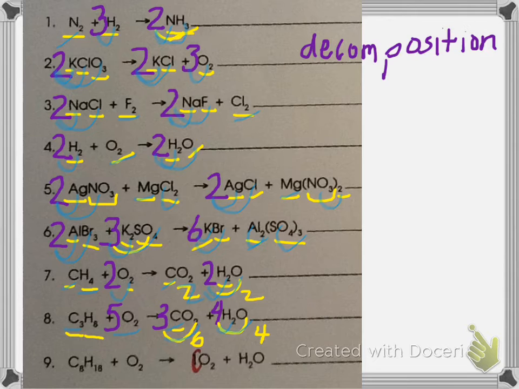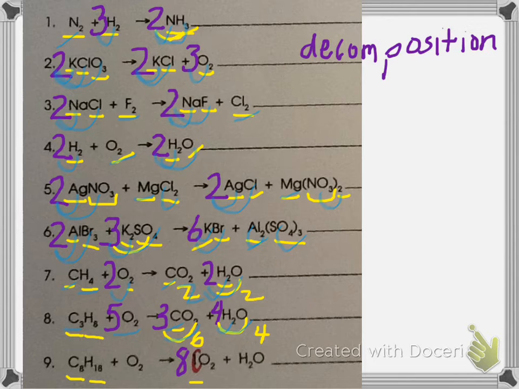Our last reaction, we have C8H18. So again, I have 8 carbons here, and I only have 1 carbon here, so I need a coefficient of 8 in front of carbon dioxide.